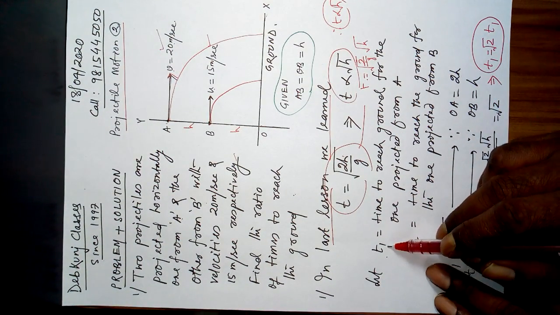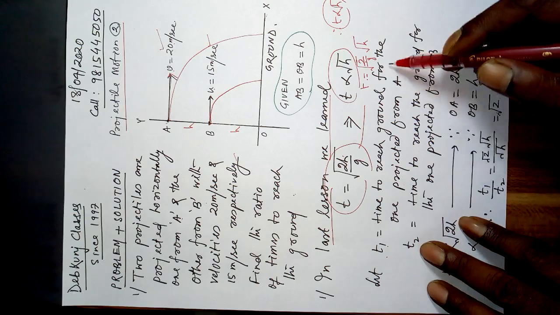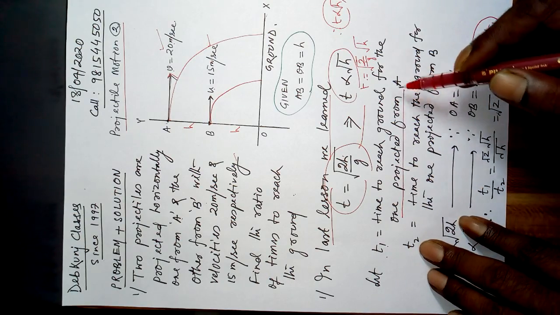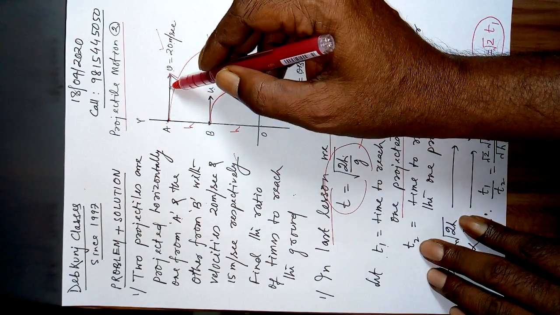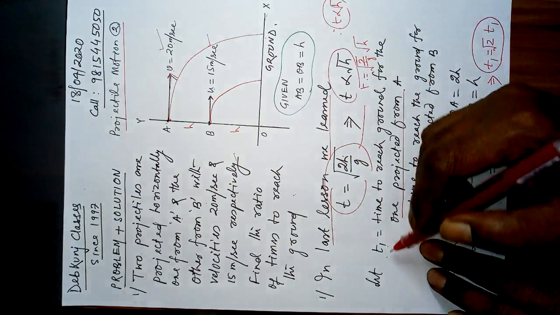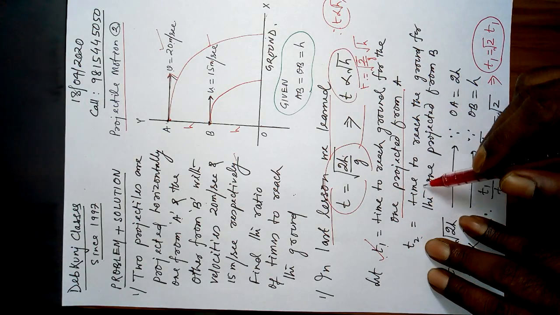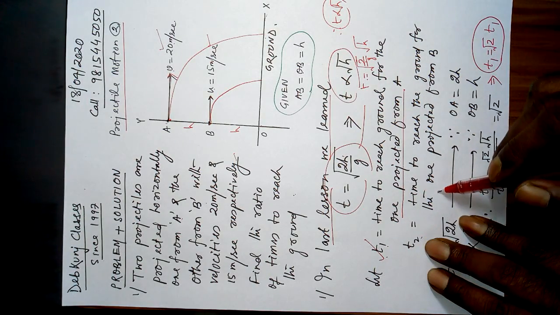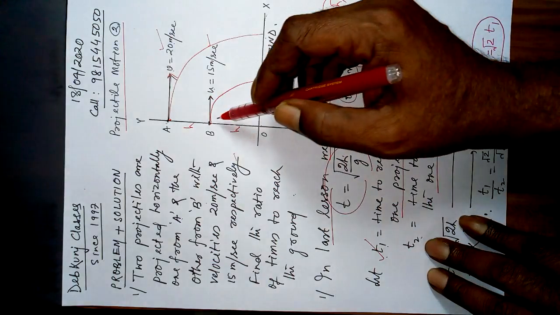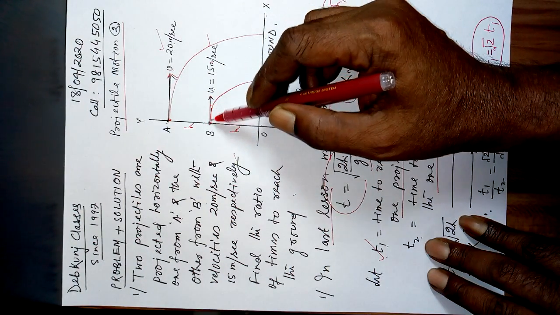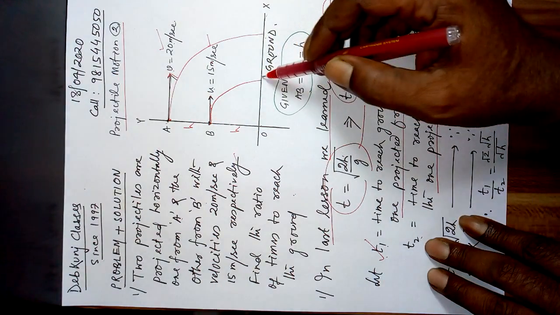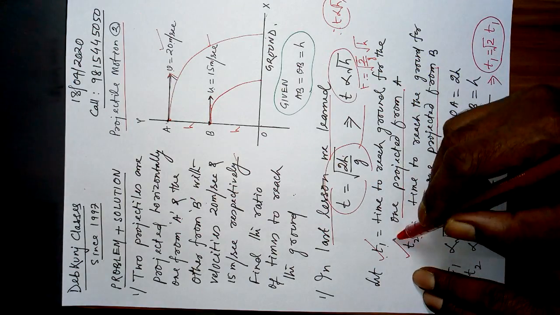Let t1 be the time to reach the ground for the one projected from A. The one that is projected from here, let it reach the ground in time t1. t2 is the time to reach the ground for the one projected from B. The one that is projected from here, when it reaches this point, let the time be t2.